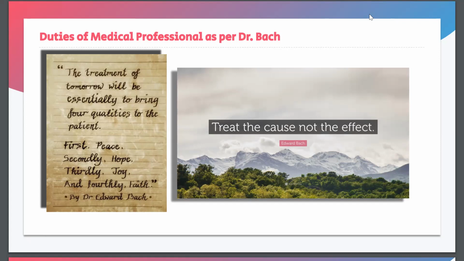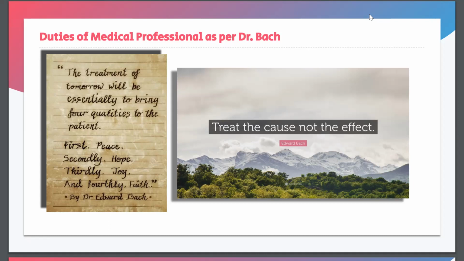This is the quote from Dr. Bach: whenever we are looking at a patient, a client, someone who is seeking help, we should treat the cause of that person instead of the symptoms. So when we go with this Bach system, we have to keep that aspect in mind, because the way Bach flower remedies work is to heal the root cause of the problem.